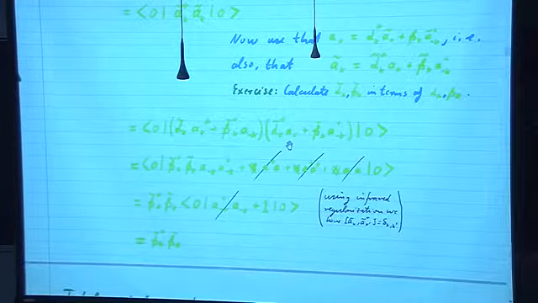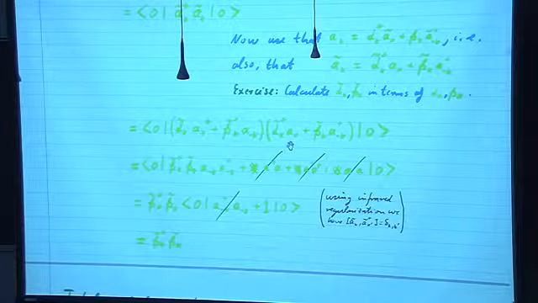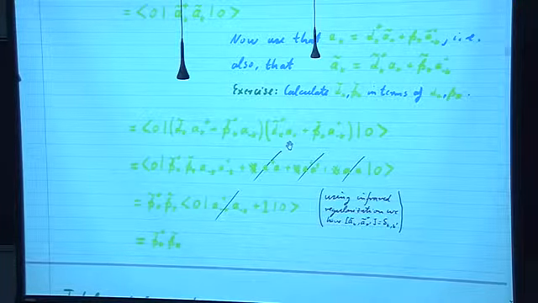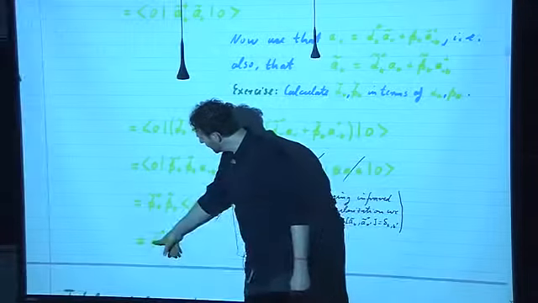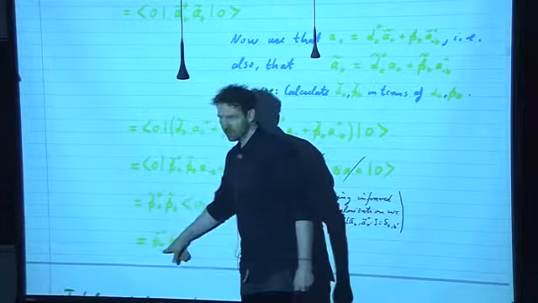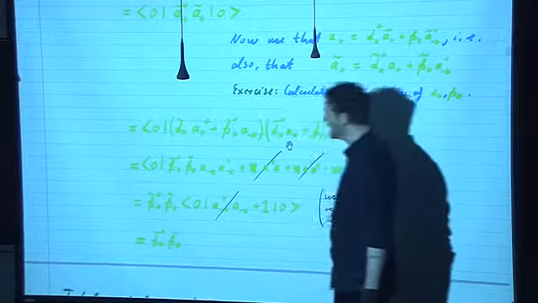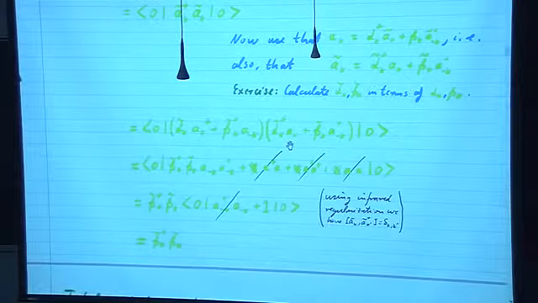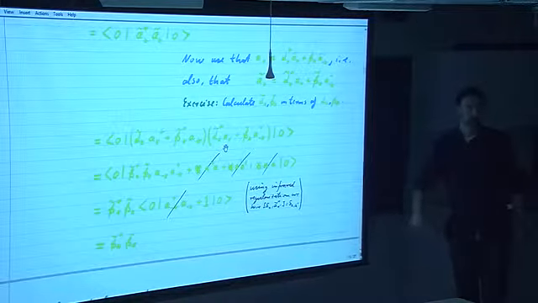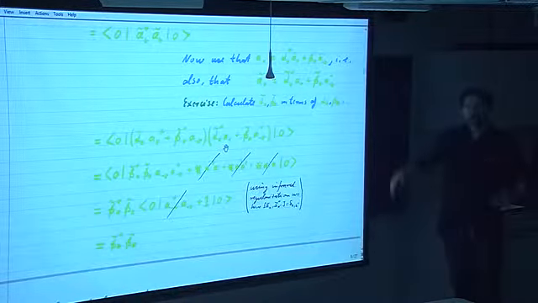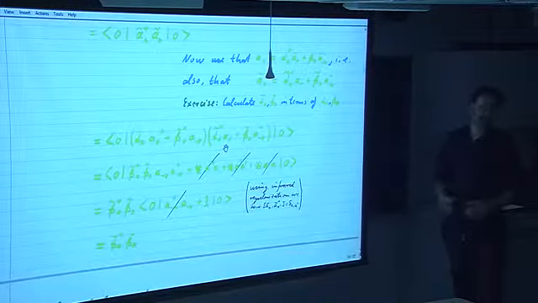This is an important result. What it tells us is that the amount of particle production is given by the modulus squared of the beta coefficient of the Bogoliubov transformation. It also means that if you have a Bogoliubov transformation that doesn't have beta coefficients, where the betas are 0, then you still have a Bogoliubov transformation, but you won't have particle creation.